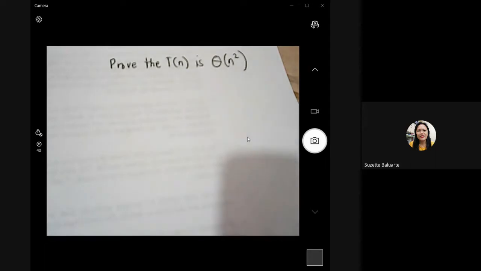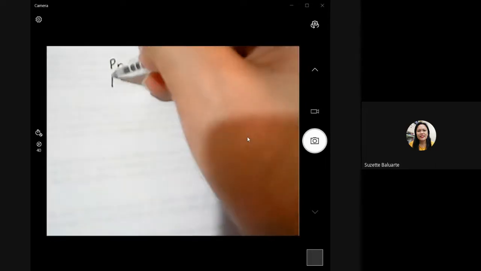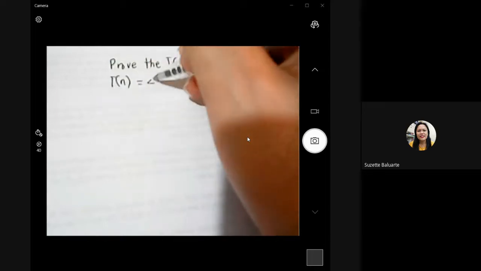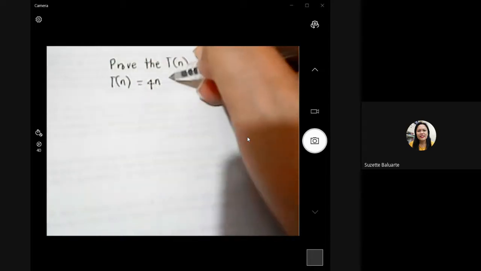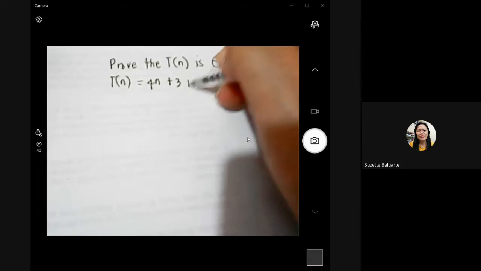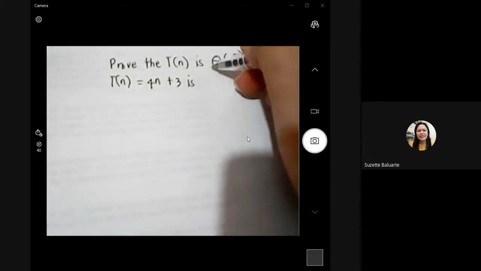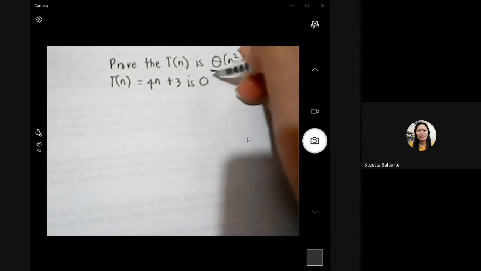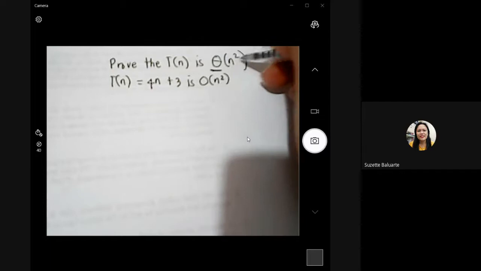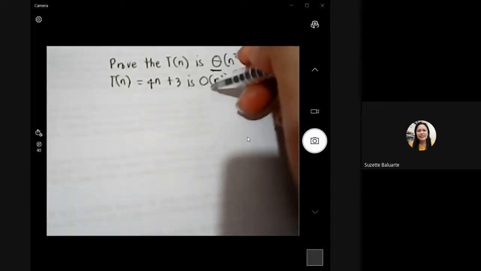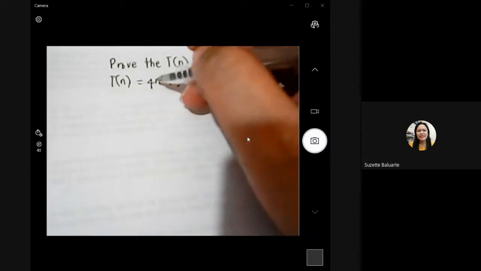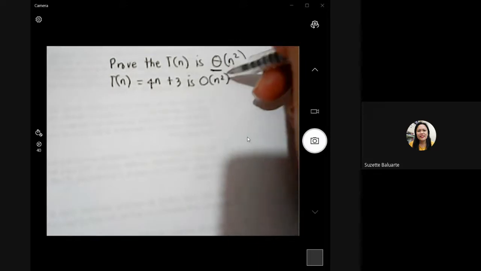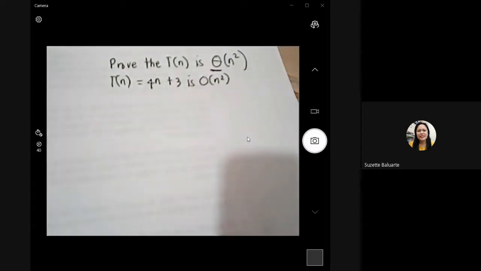Now, for example, your given T of n is 4n plus 3. How do we prove that it is theta? You will prove big O first. Since the given is n squared, we will prove 4n plus 3 is big O of n squared.